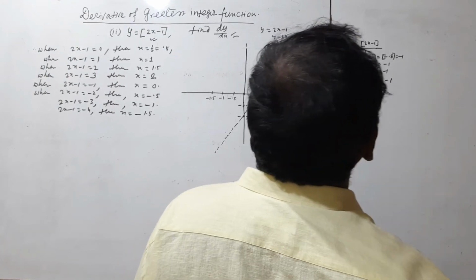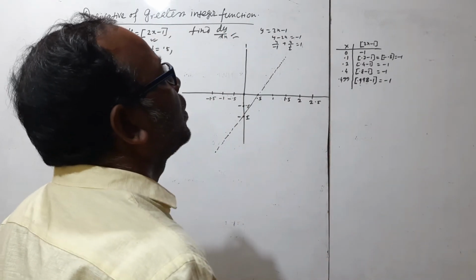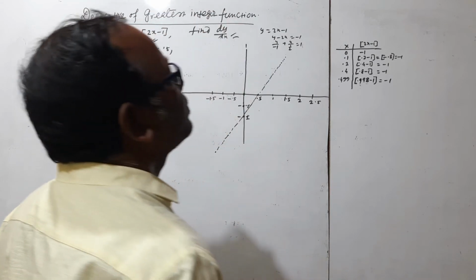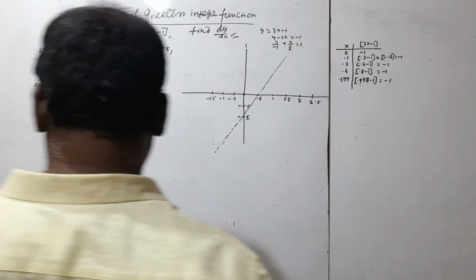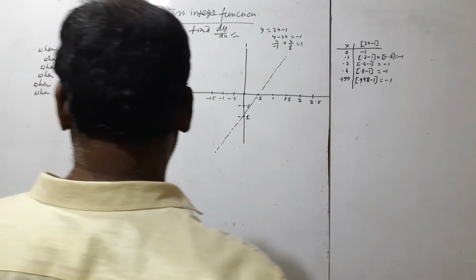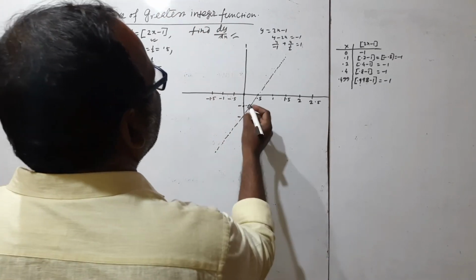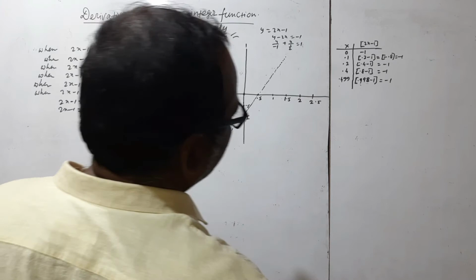So see, again it is minus 1. Okay, so draw the curve from here, we got minus 1.